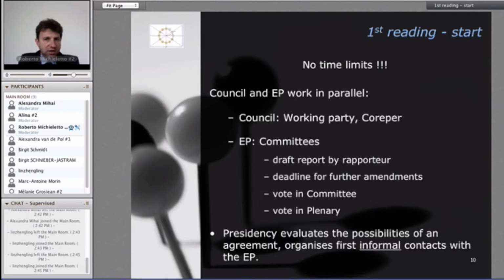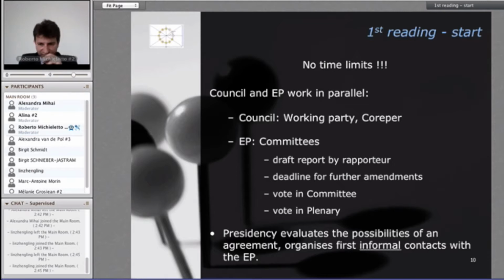The mandate is the report, but the report is not only approved and adopted by the committee, it has to go to the plenary and be adopted also by the plenary. So they are moving all the reports to the plenary in order to have a good mandate. Now we have to wait for the plenary, which is once a month, more or less, to have a mandate to start the negotiations.